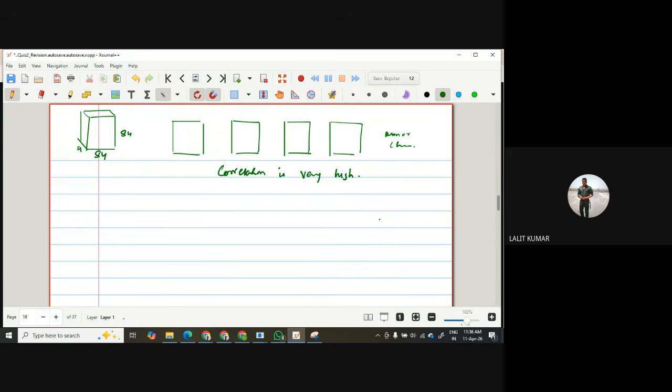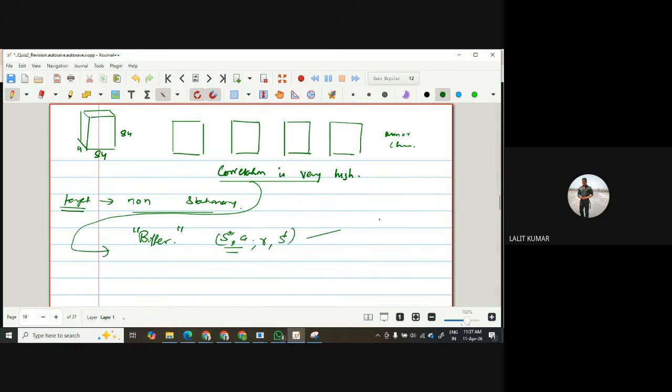The second problem is that your target is non-stationary. To solve the high correlation, what do we do? We make a buffer. All the states, actions, rewards and S dash we keep on taking, we keep on adding to this buffer.